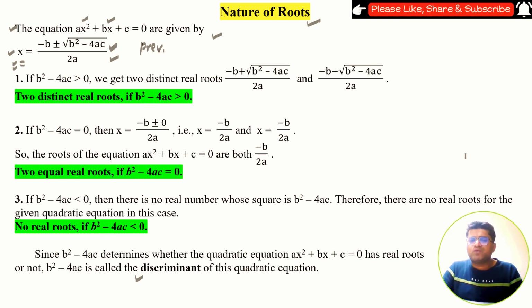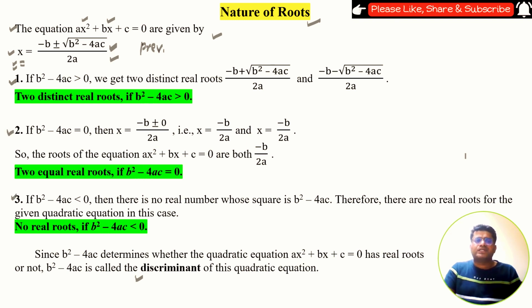If you find it for any quadratic equation, you can say about the nature of the roots. For defining the nature of roots, we have a total of 3 cases: case number 1, case number 2 and case number 3.